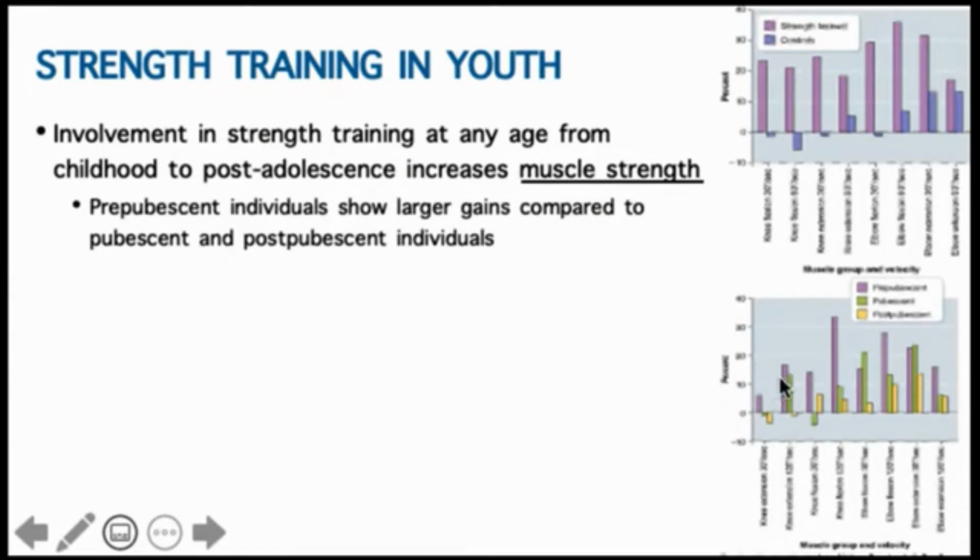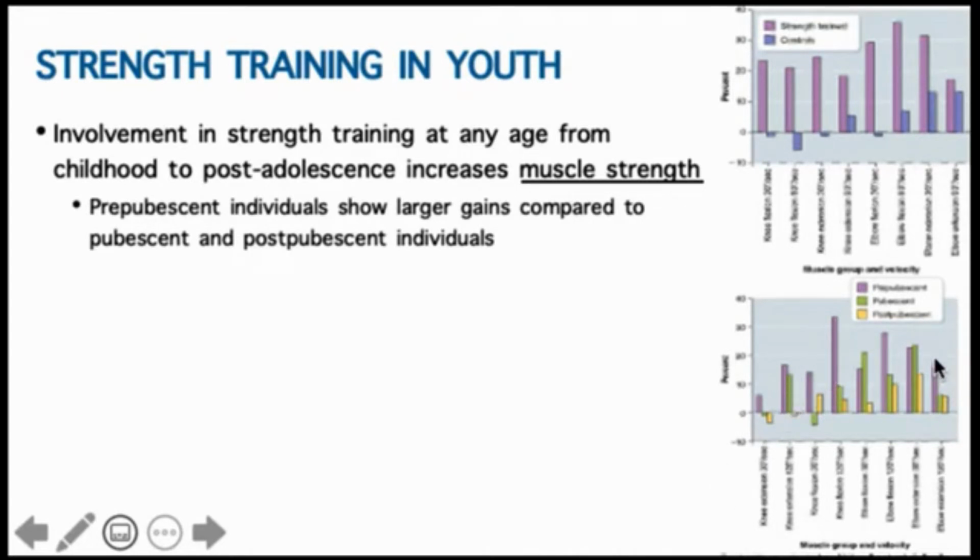You can see that these purple bars generally are on the higher side for all of these same knee extension, flexion, elbow extension, flexion activities as a result of training. In this one, everybody was trained.